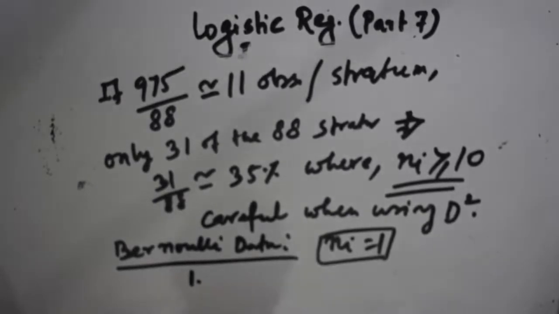So here we do not use the saturated model, we use a broader model and compare with your given model. And in that case, our likelihood ratio statistic is given as follows.